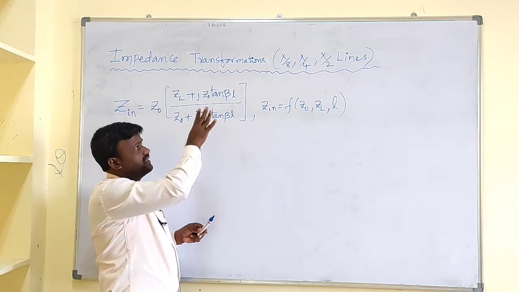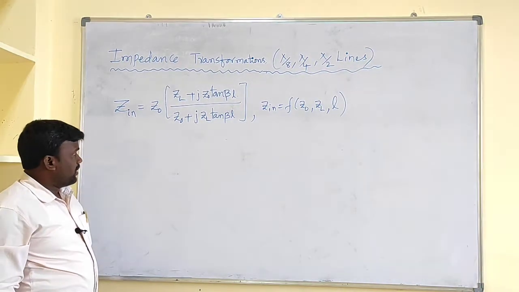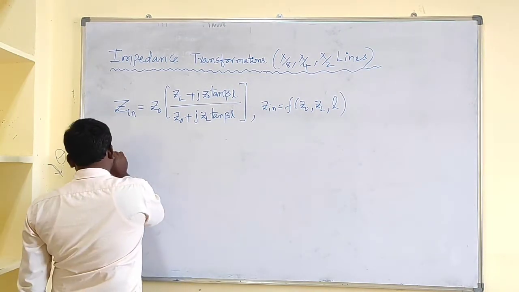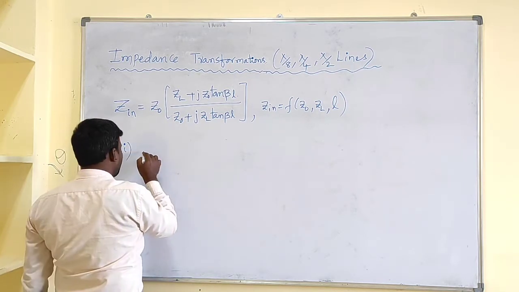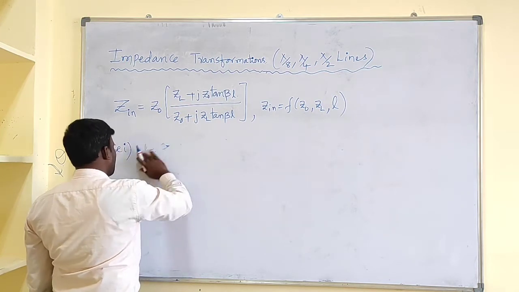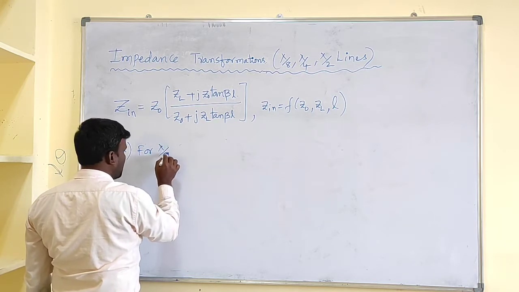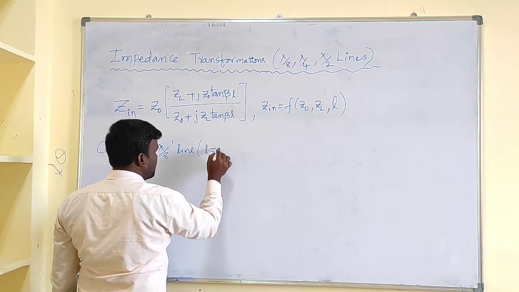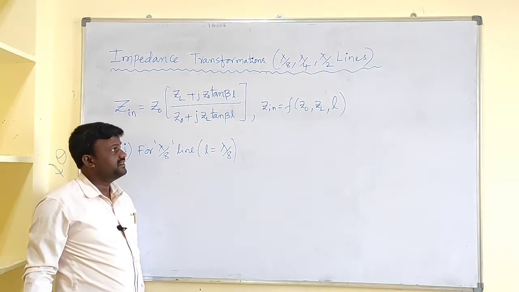Now, case 1: I consider the length of the line L equal to lambda by 8, that is, the lambda by 8 line.